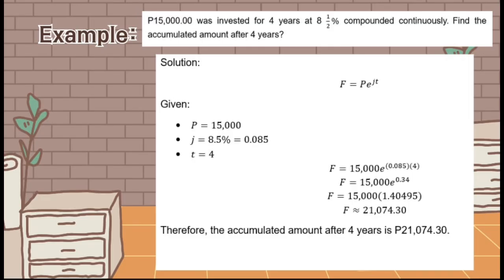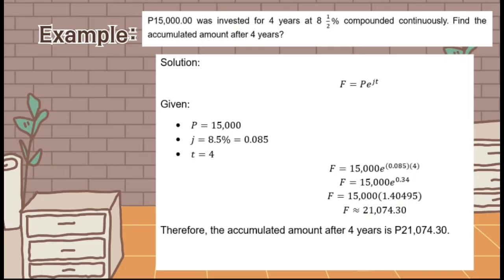Another example, we have 15,000 was invested for 4 years at 8.5% compounded continuously. Find the accumulated amount after 4 years. We will use the formula F equals P e to the power of JT. So given, we have P equals 15,000, J equals 8.5% or 0.085, and T equals 4.